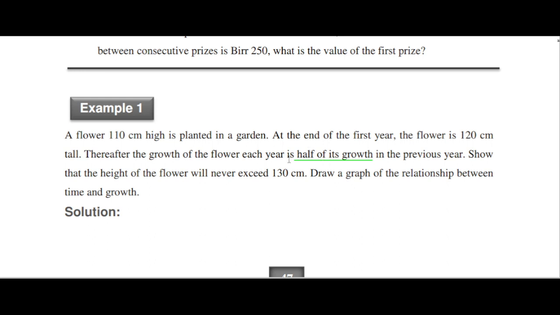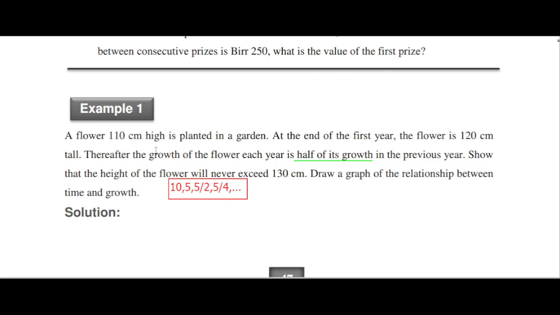In the next year, half of it grows. So the first increment is 10. The next increment is 10 divided by 2, which is 5. Next, half again, 5 over 2. Next again 5 over 2 over 2, 5 over 4, and so on.